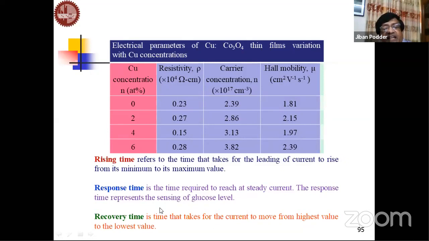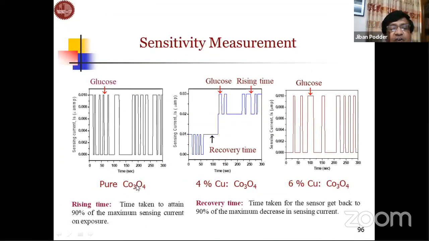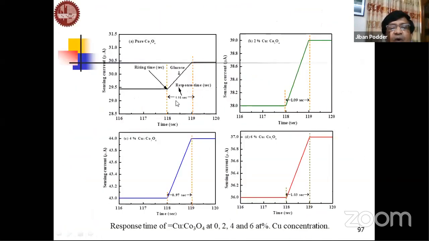So the rising time, response time, and recovery time we measured from the glucose sensitivity for pure, 4% copper doped, and 6% copper doped. In the next slides you see the response times: 1.16 seconds, 1.09 seconds, 0.97 seconds, 1.03 seconds.